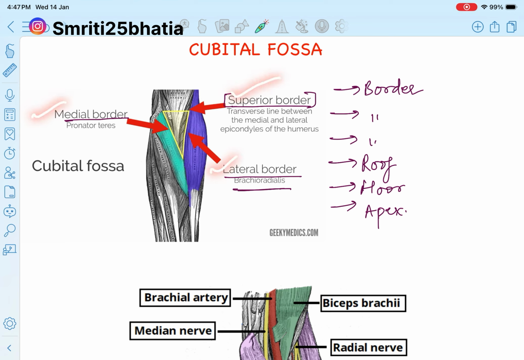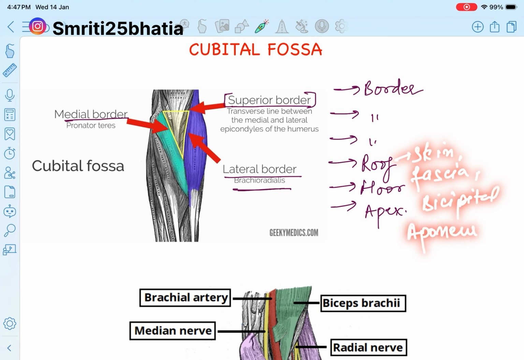Now let's get to the roof. The roof is the thing that covers the base or the floor, just like the roof of our home. So the roof is made up of the skin, the fascia, and the bicipital aponeurosis.